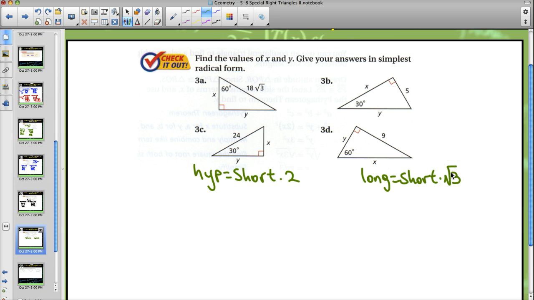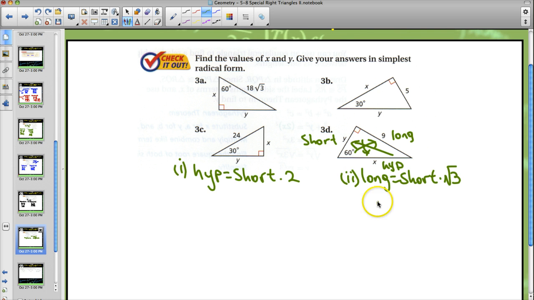Step 2, mark up the triangle. Oops, I might be falling apart there. Okay. I have numerical information for the long leg, so I'll be using equation number 2 first.